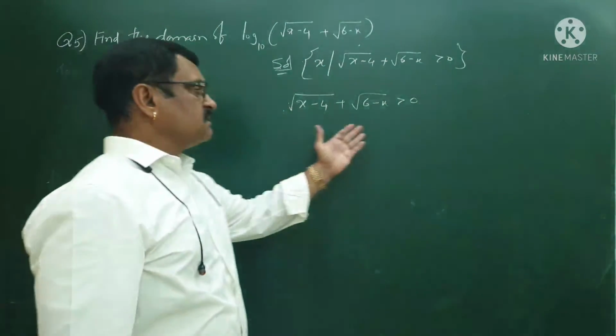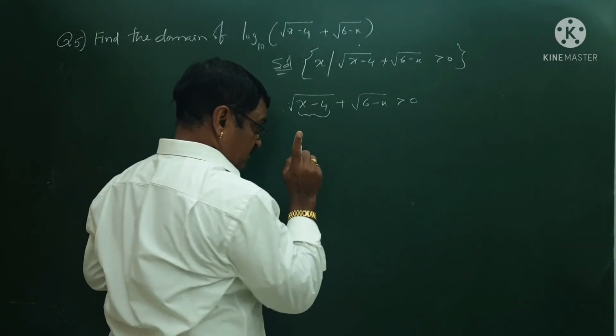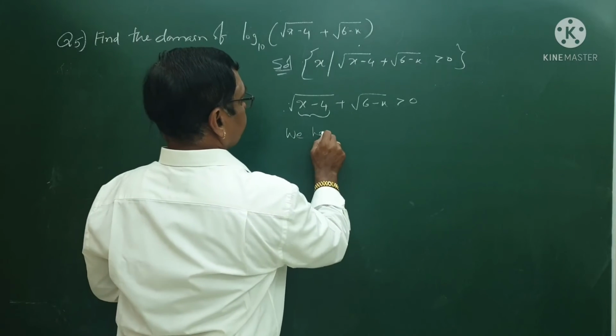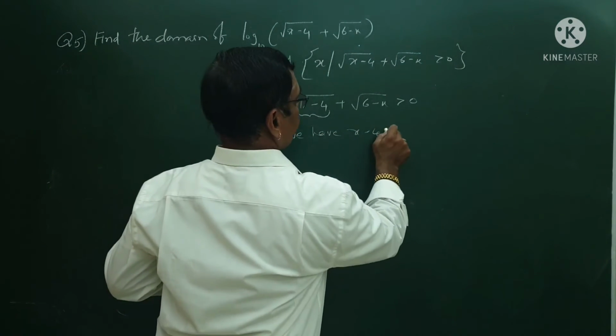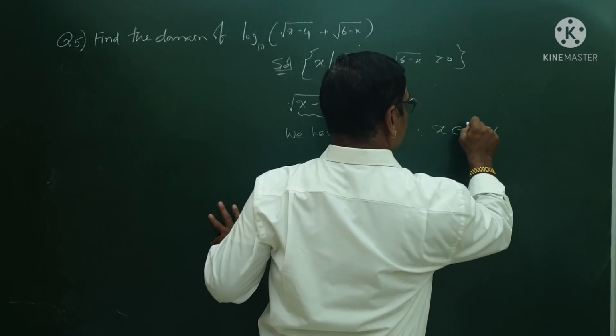Of course, there are two terms, and since roots are there, x minus 4 must be positive. So we have x minus 4 is greater than 0. Therefore, x belongs to 4 to infinity.